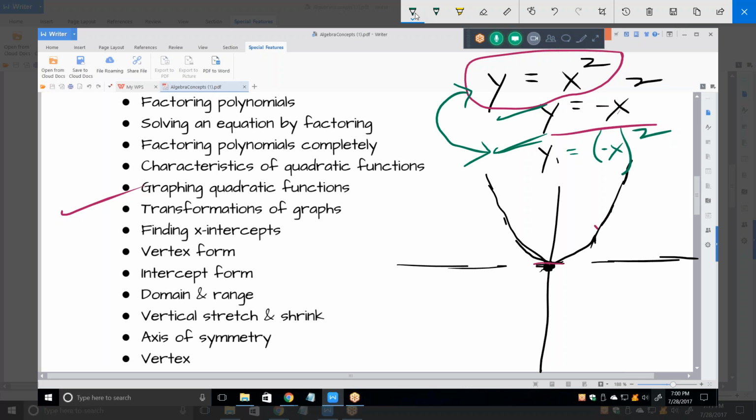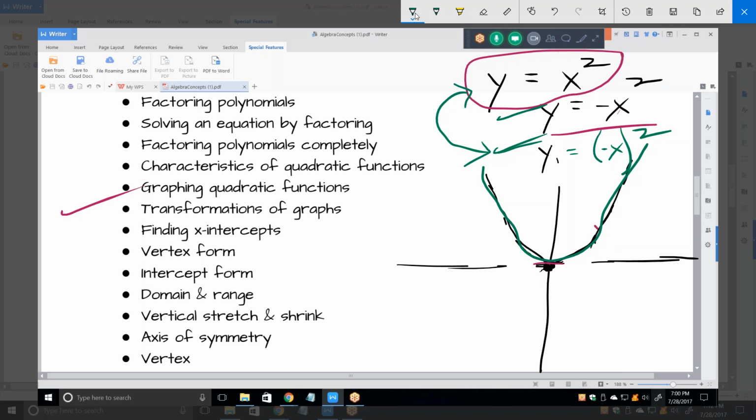They look identical. But the fact of the matter is that this green function is a reflection over the y-axis. If I take this original parent function and I reflect it over the y-axis, I get the same function.